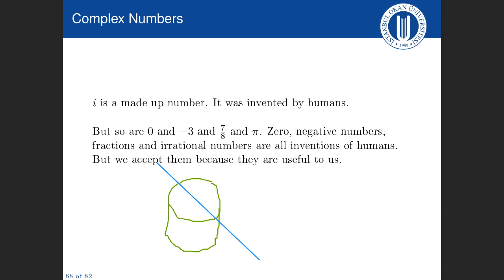You only think that you have half cakes because you've been studying fractions through most of your academic life. We accept fractions, negative numbers, etc., because they're useful to us, but i is also useful to us. We can't do any more linear algebra until we're happy with the number i.